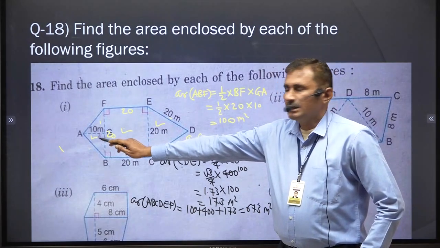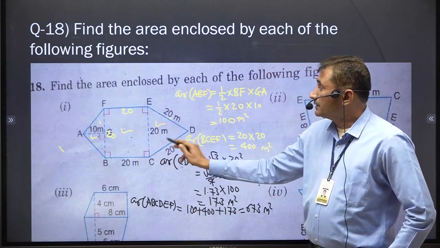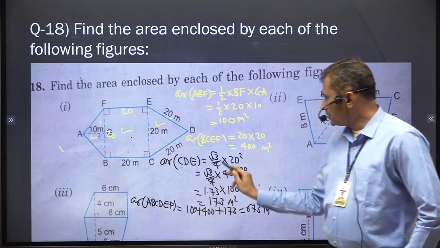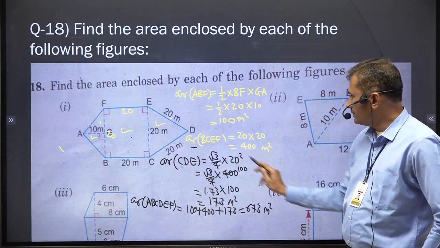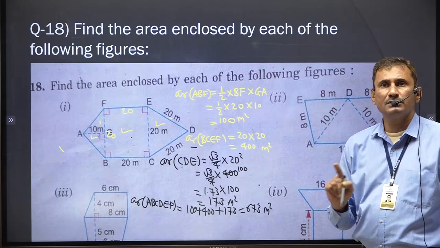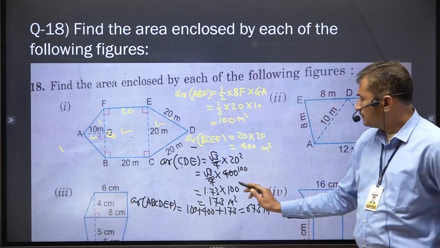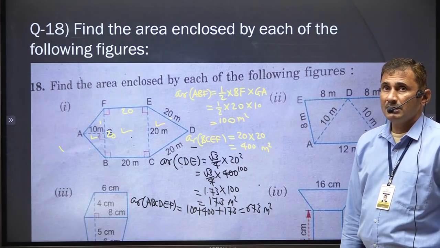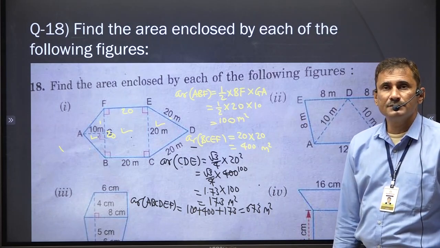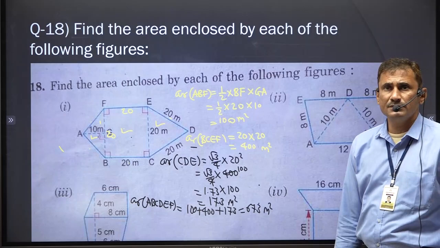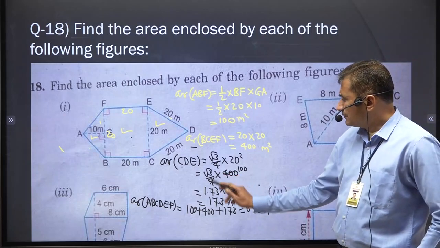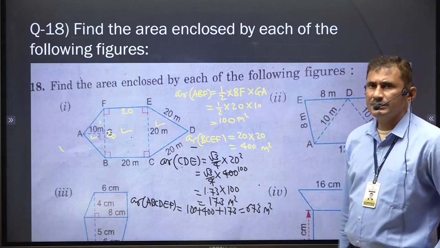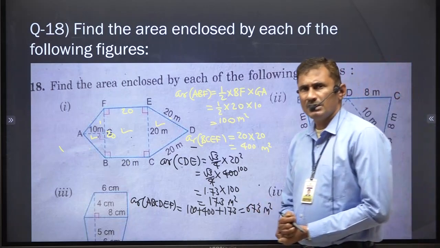This is a triangle with altitude, this is a square, and this is an equilateral triangle. Now if you don't want to apply a particular formula, then you know Heron's formula also. You can find this area by Heron's formula also. But at the time of finding the square root, you have to use the long division method. Here also, if you remember root 3's value, 1.73, then it will be beneficial.